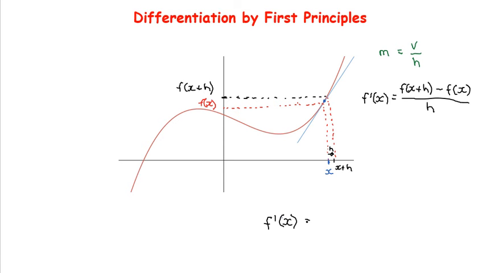So f dash of x, a better definition here, is the limit as that gap h tends towards 0. So as it gets closer and closer to 0, it gets smaller and smaller and smaller, of that expression we had, f of x plus h minus f of x all over h.